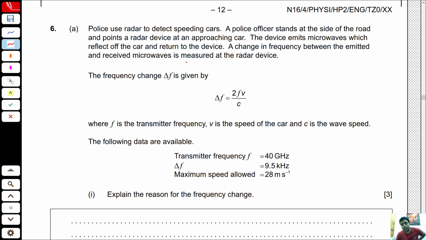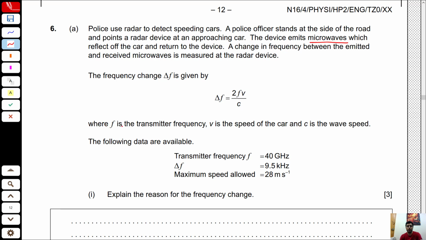A change in frequency between the emitted and received microwave is measured at the radar device. The frequency change delta F is given by this equation: change in frequency equals 2 times the original frequency times the velocity of the moving observer or the source, divided by the speed of light. We are dealing with microwaves, which are electromagnetic waves that travel at a constant speed of light, 3 times 10 to the power of 8 meter per second.